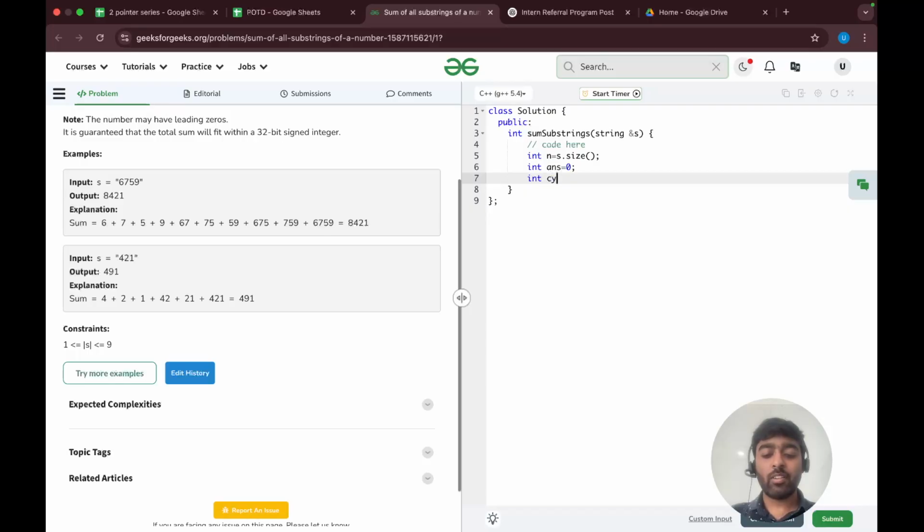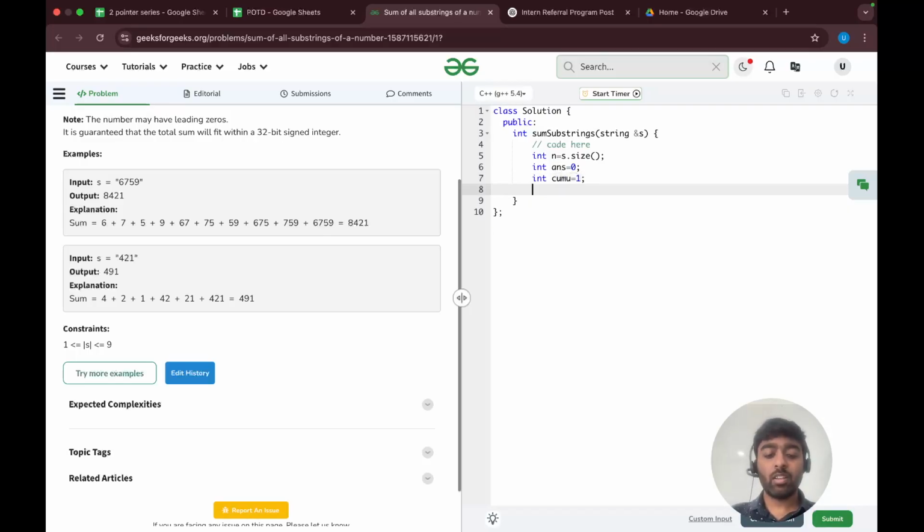I will create one cumulative here, which is 1 in the starting. We will run a for loop for int i equal to n minus 1, i should be greater than or equal to 0, i minus minus. My answer: answer plus equal to what? Left count, that was i, plus 1 for the substring which will start from the current index, into value.